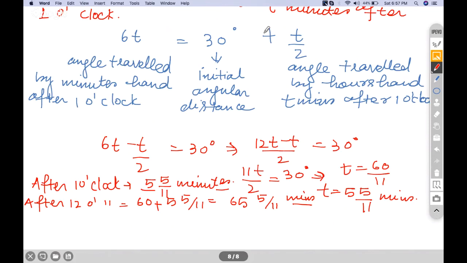Now you tell me the answer. 65 5/11 minutes. Give me the answer of the question: how many times will the hour and minute hand meet each other in 24 hours?